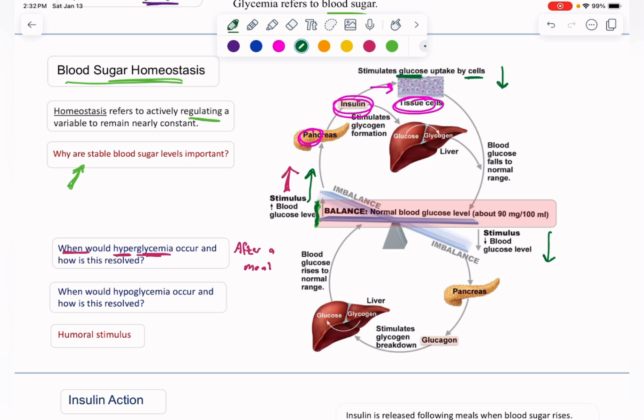Insulin is also going to act on the liver, and it's going to tell the liver to take up glucose. The liver is going to use some of that glucose to generate ATP. But what it's also going to do is take that glucose and store it. And it stores it as glycogen. Glycogen is just a polymer that's made up of individual glucose units.